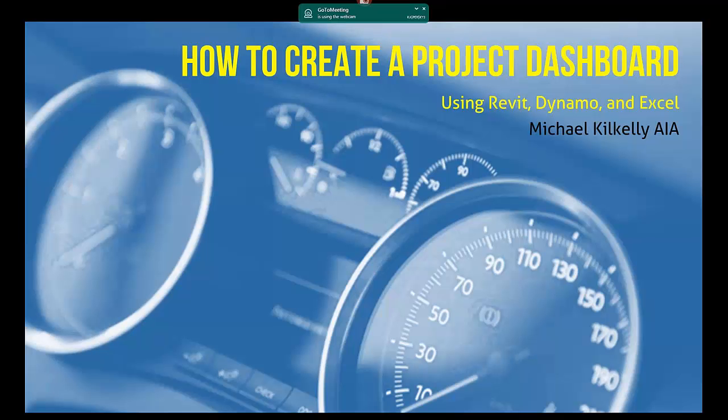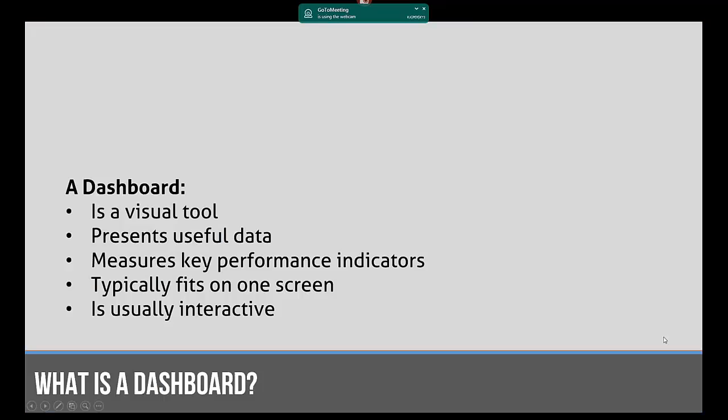But let's jump in and talk about our dashboards here. Okay, so first off, what is a dashboard? Well, it's a visual tool. It presents data in a useful and meaningful way. Typically, dashboards will focus on some key metrics, or what are also referred to as key performance indicators. Sometimes you'll see the acronym KPI.